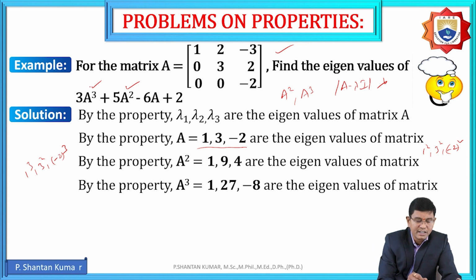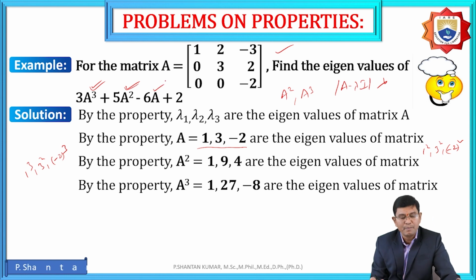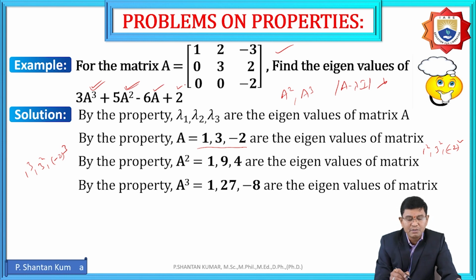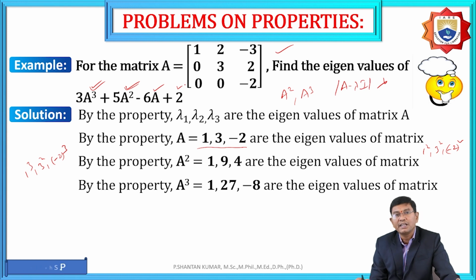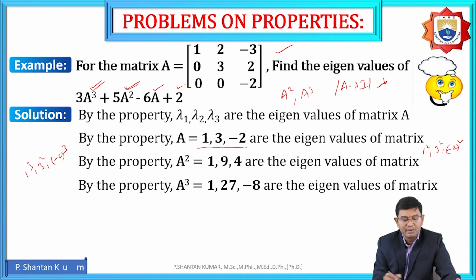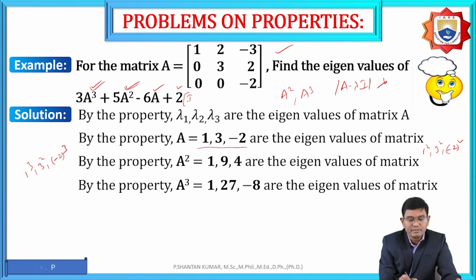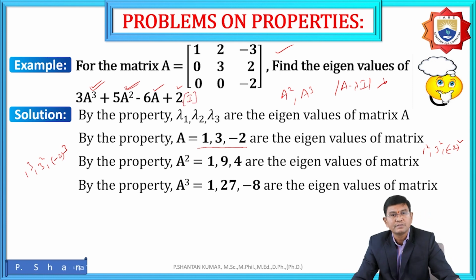We have already completed A cubed, A squared, and A, and the remaining term is 2. The 2 is a single term, but it is required as a matrix, meaning 2 times I. A is a matrix, A squared is a matrix, A cubed is a matrix, so 2 is also required as a matrix, multiplied with the unit matrix.